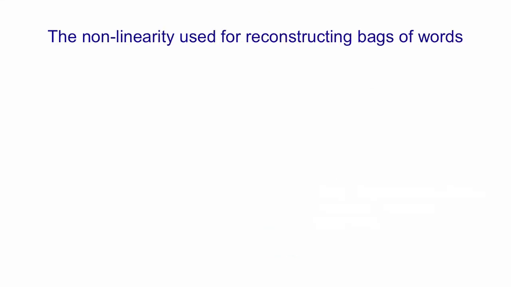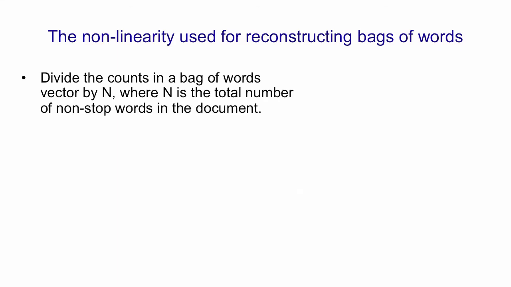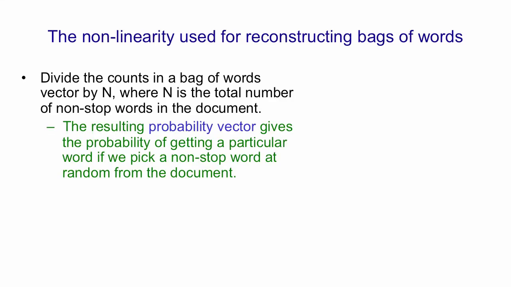There's one problem with this, which is that word counts aren't quite the same as pixels or real values. What we do is divide the counts in a bag of words by the total number of non-stop words, and that converts the vector of counts into a probability vector, where the numbers add up to 1.